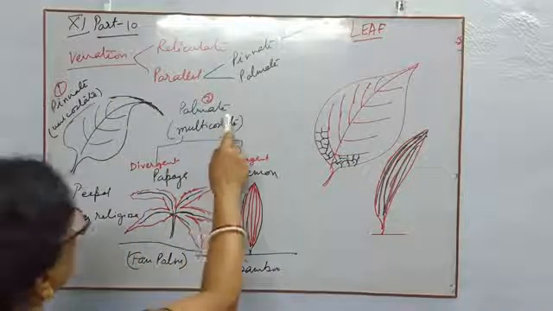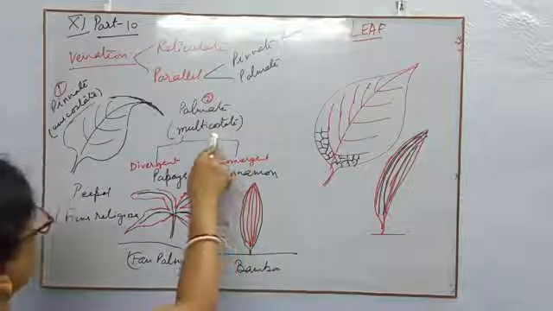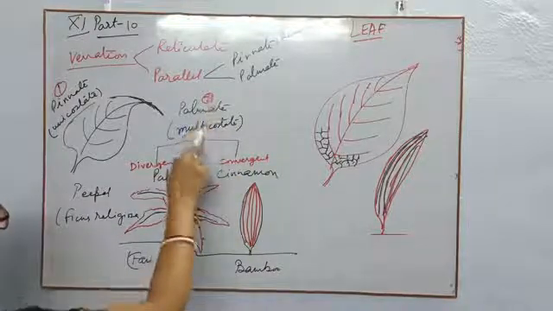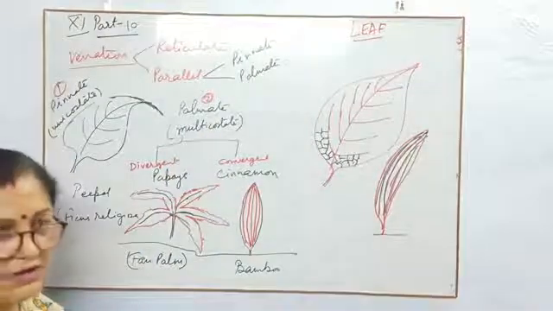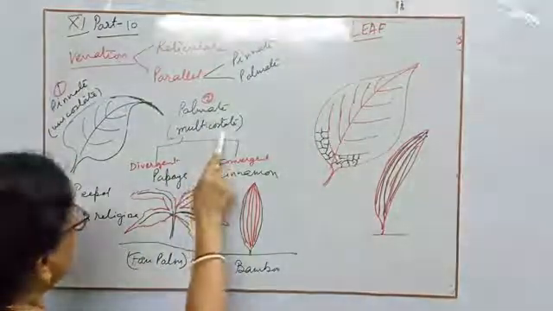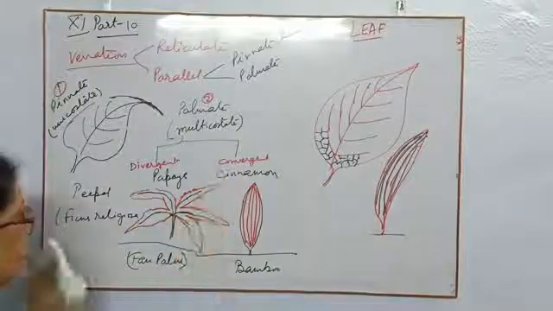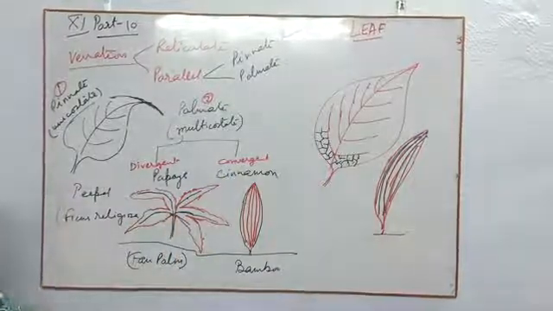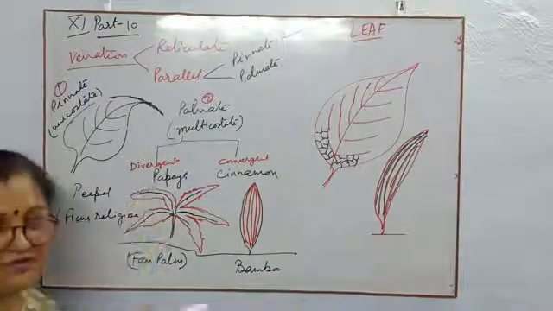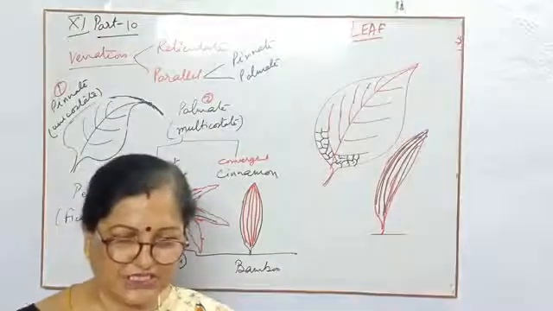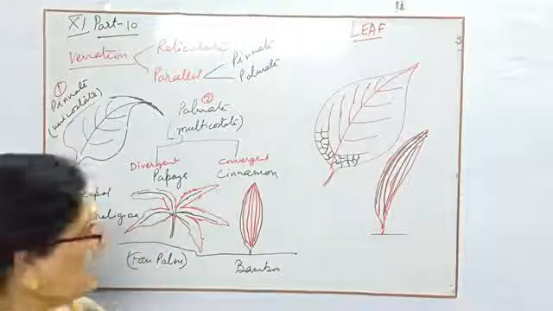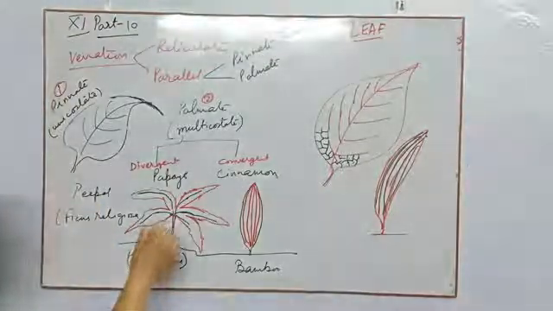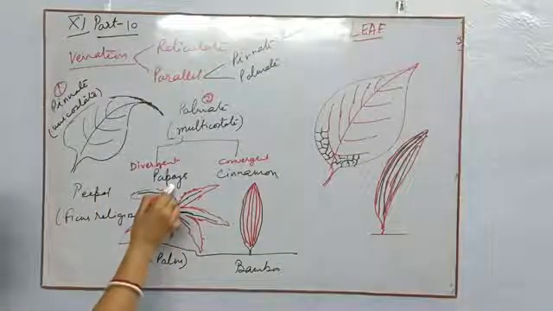Now come to the multicostate. Multi means several or more than one. Multicostate have divergent and convergent type of venation. Children, you know, divergent means which can be spread from one place towards the outside. So this is the divergent type of venation found in papaya.